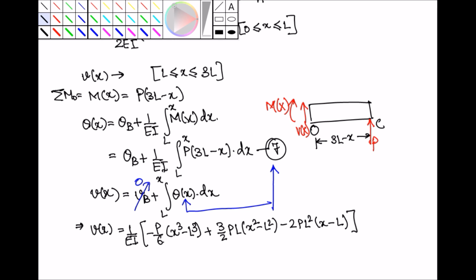This is valid in the range L less than or equal to x less than or equal to 3L.